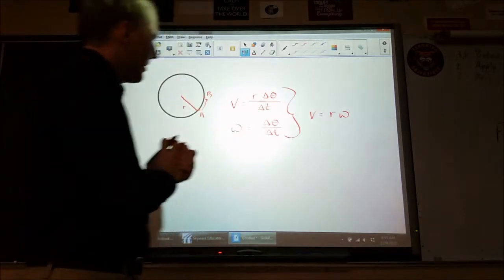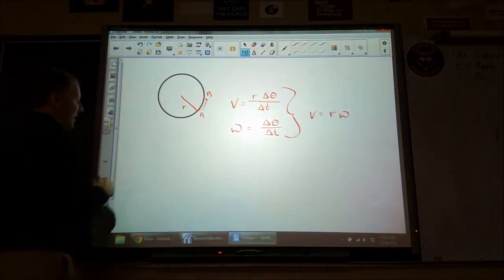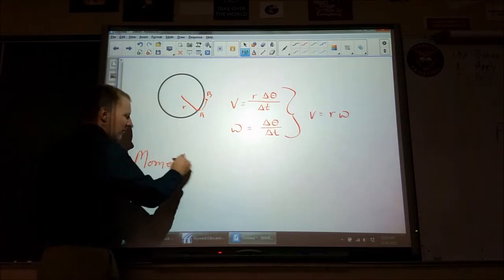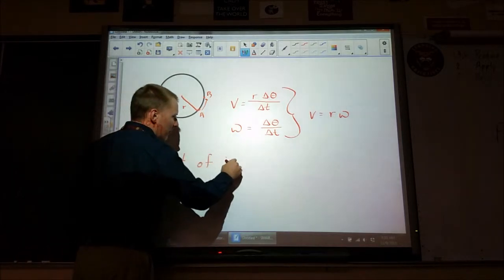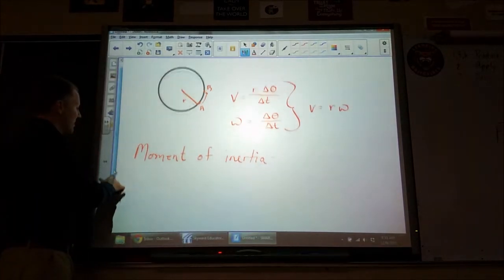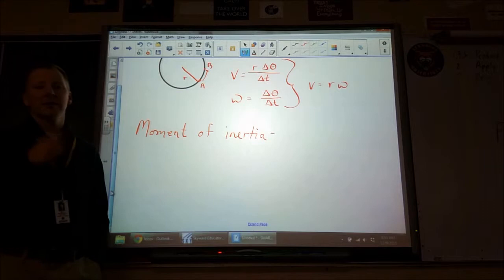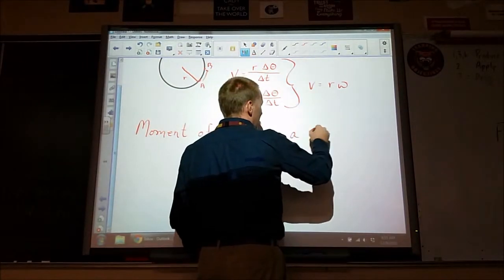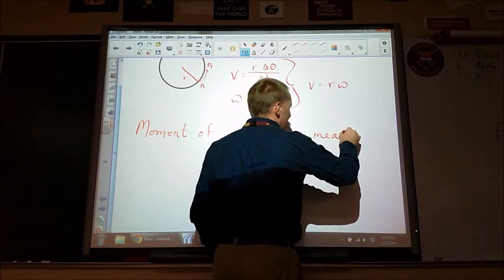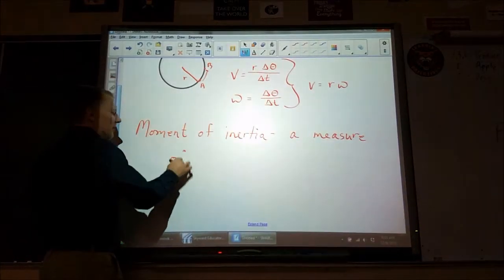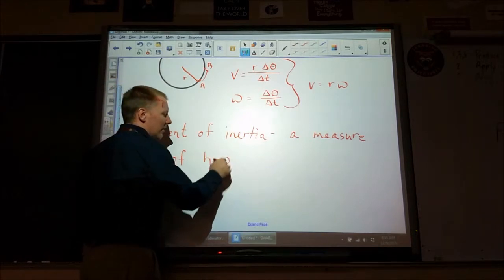Okay. We also briefly mentioned something called a moment of inertia. A moment of inertia is a measure of how hard it is to get something to spin. It's like mass is in linear motion with inertia.